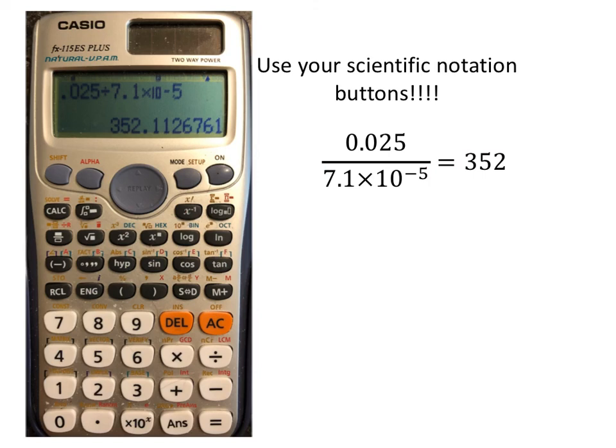Alright, so there are lots of different calculator models out there, and I can't do them all, but I wanted to pick another common model. In fact, this is my favorite calculator. This is the one that I always use. And on this calculator, this is your scientific notation button.